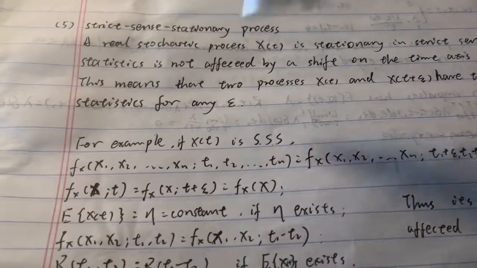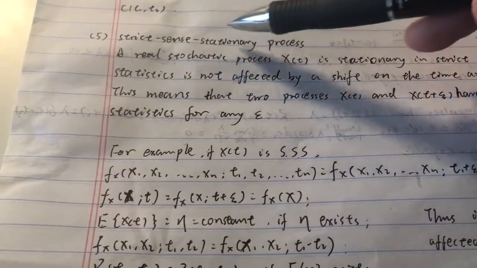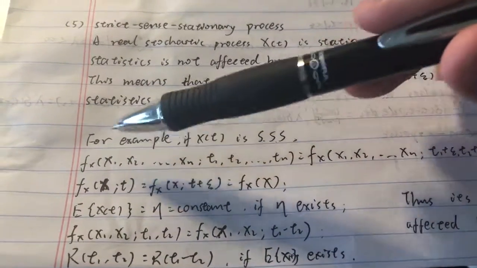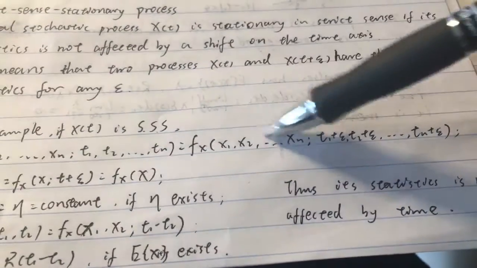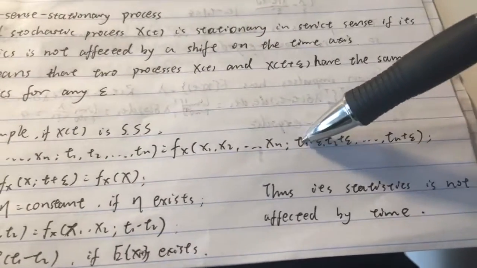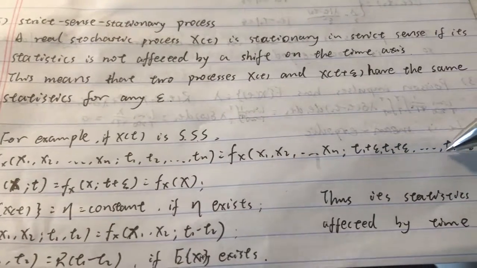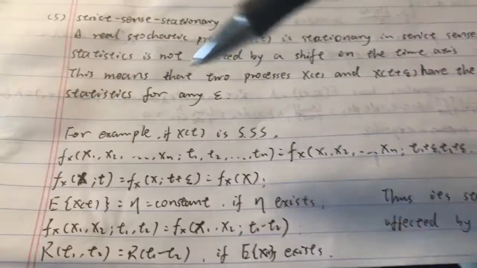For example, if a process x(t) is SSS, the density function of x1, x2, xn, and t1, t2, tn equals this, with t changed to t1 plus epsilon, t2 plus epsilon, and tn plus epsilon.